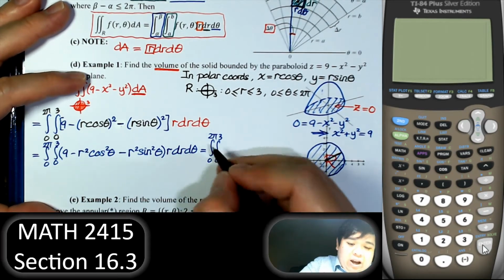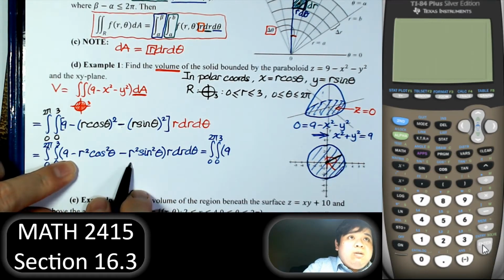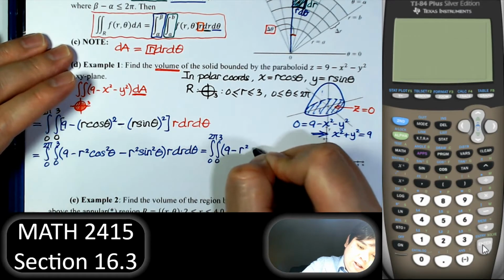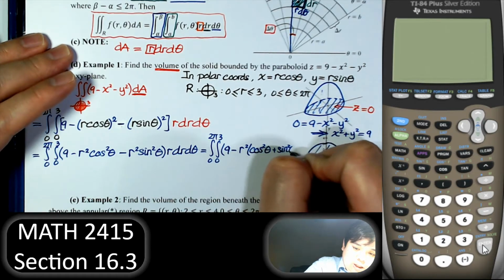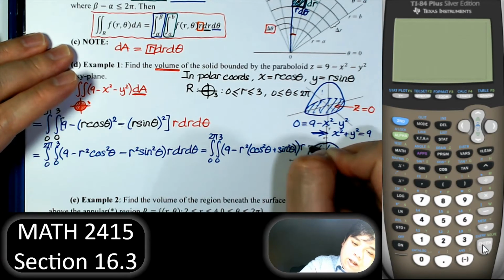So we have 9, and both of them have r squared. I factored out, then we have cosine square plus sine square, and then r dr d theta.